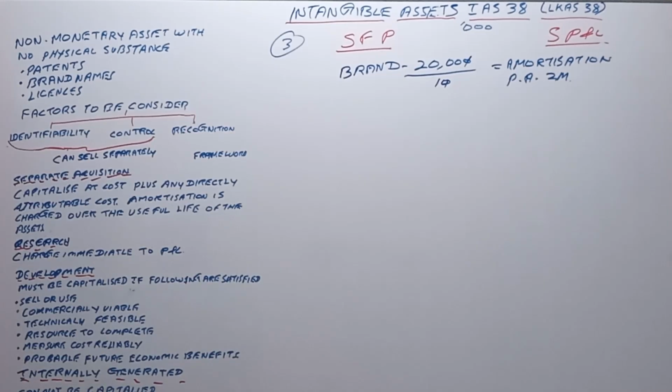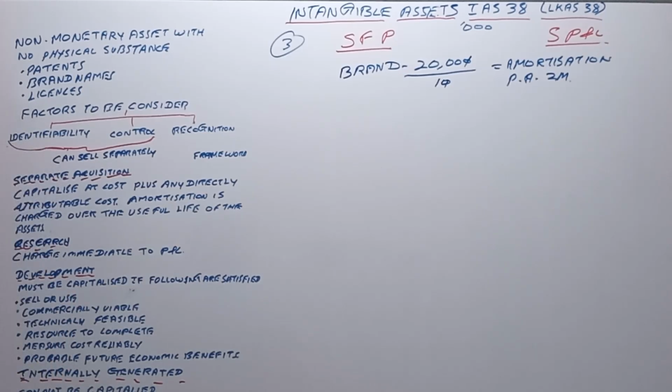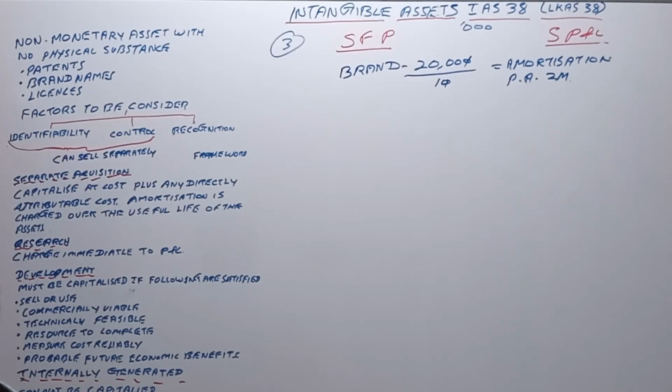A brand specialist valued the brand at a fair value of 22 million. A training course was also run on 1st July 2022 for all the staff to train them on how to use a new accounting software.